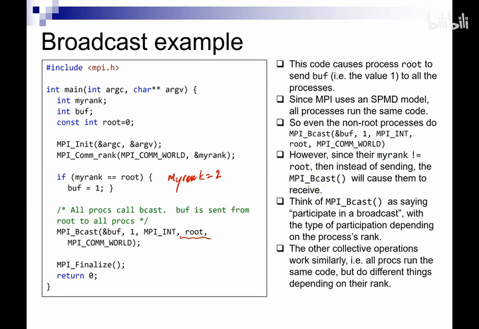Another way to think of this is that the MPI broadcast is actually saying, I will participate in a broadcast, and what I do when I participate depends on my rank. If I'm the root, then when I participate, I'm going to send. And if I'm not the root, then when I participate, I'm going to receive. Again, many collective operations work like this. They do different things depending on your rank.